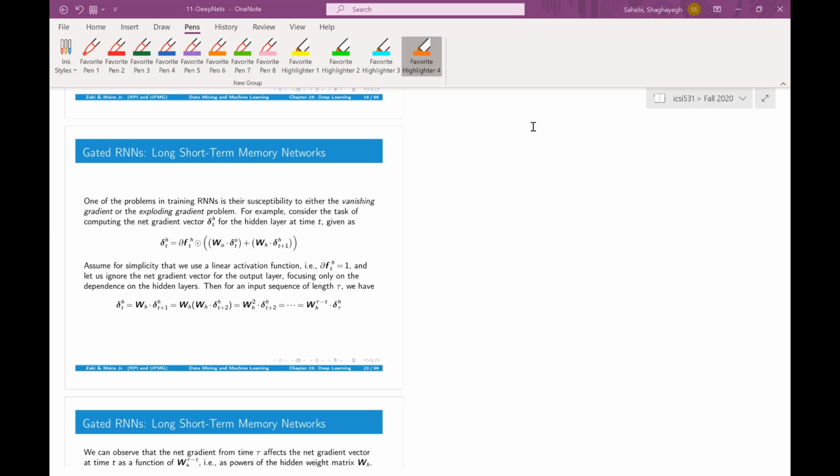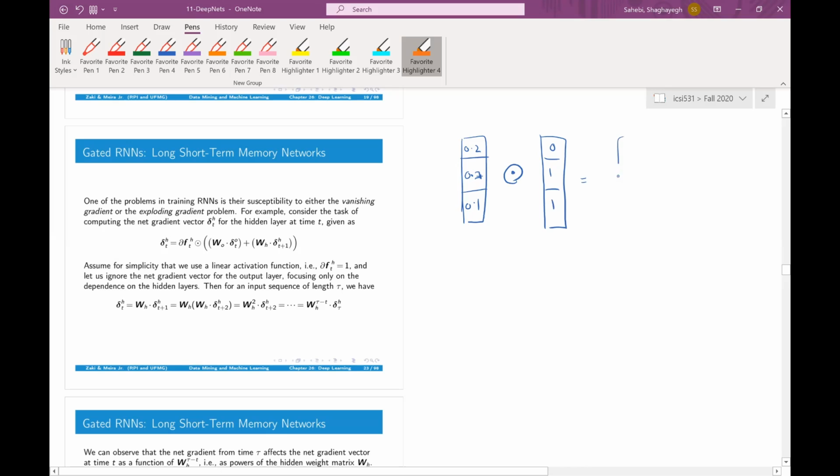For example, suppose that we have a vector of values like 0.2, 0.7, and 0.1. Now, if I do a simple element-wise product with a binary vector that is 0, 1, 1, the result is a vector that is 0 when the binary vector is 0, and equal to the original vector when the binary value is 1, right?